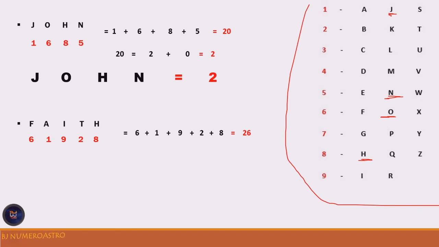That's a 2-digit number, so we're going to move on. 26 will now be equal to 2 plus 6, and that's 8. So that's telling us that someone bearing Faith will be having a value number 8.